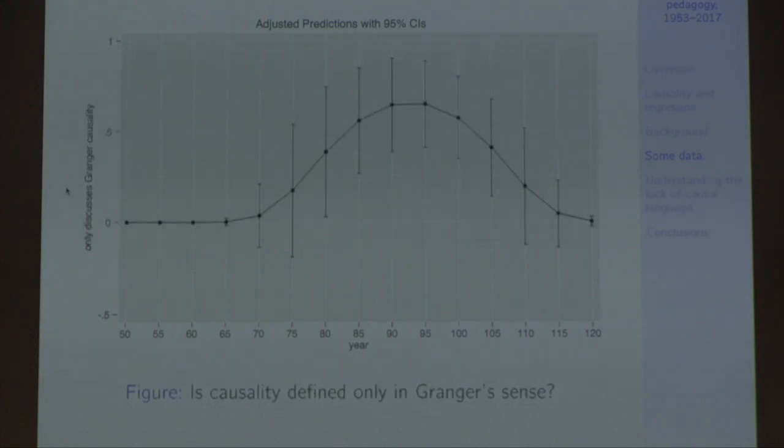This one is, does the textbook only discuss causality in terms of Granger causality? So it's not fair to look at textbooks before 1969 because that's when that concept was invented. And then there's all these textbooks through the 70s and 80s and 90s which only discuss Granger causality.